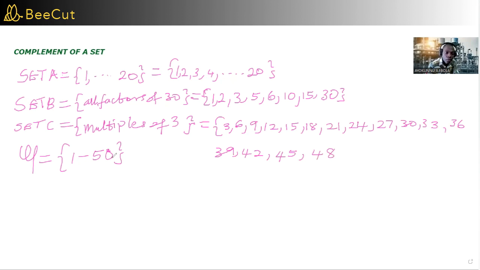And don't forget that the universal set goes to 50, so definitely we can go to 51 and we end it there.